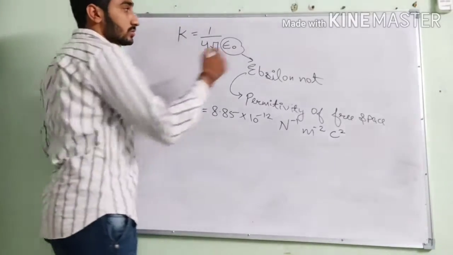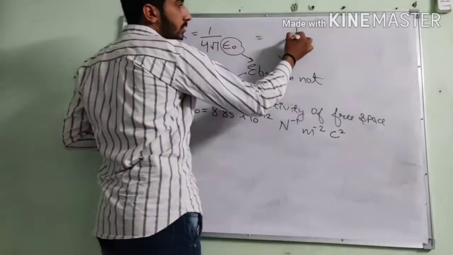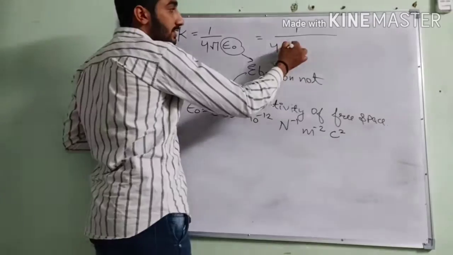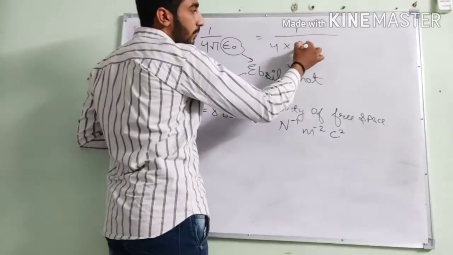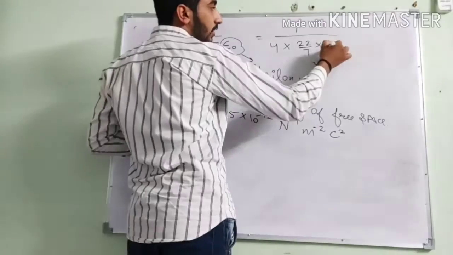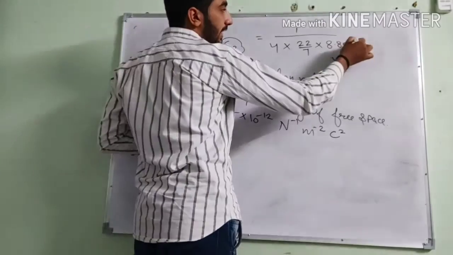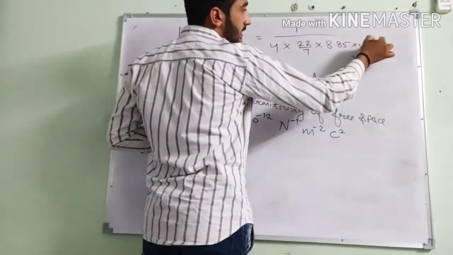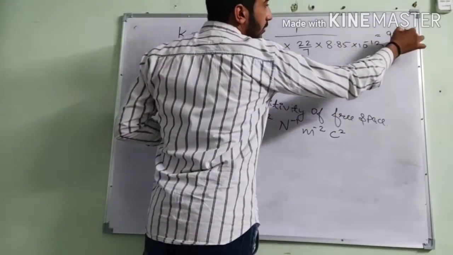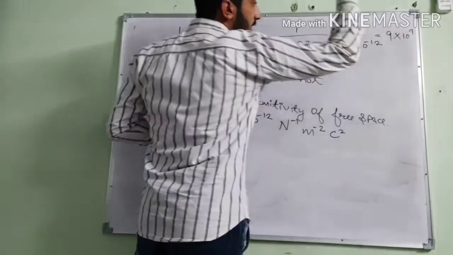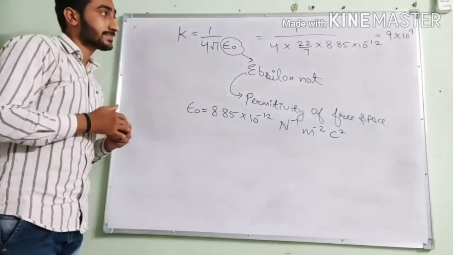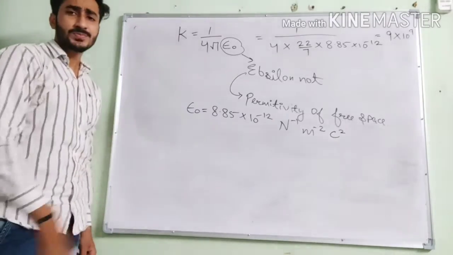As we know, the value of pi is 22/7 and the value of epsilon naught is 8.85 into 10 raised to power minus 12. We will get the value 9 into 10 raised to power 9, and the unit we have discussed earlier. Please note it down.